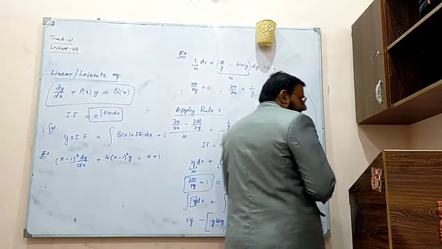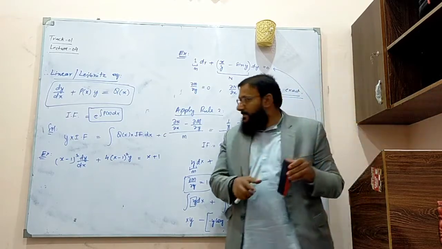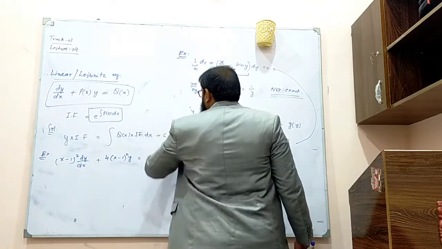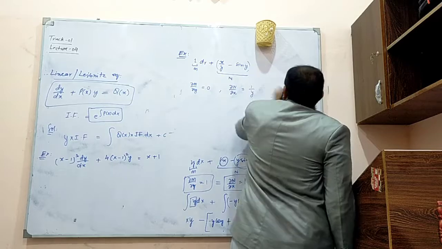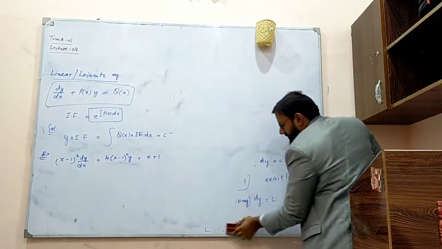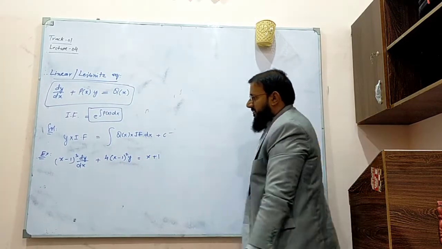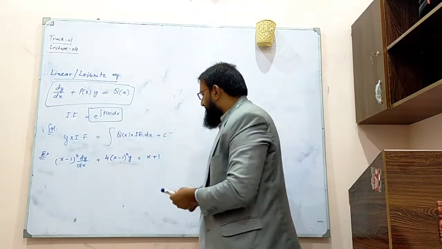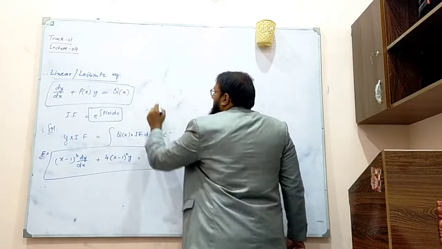Is this linear? Yes, sir. We have to compare this with the standard form. If it is not, then what can we do? Dividing both sides by x minus 1, this is the general form.